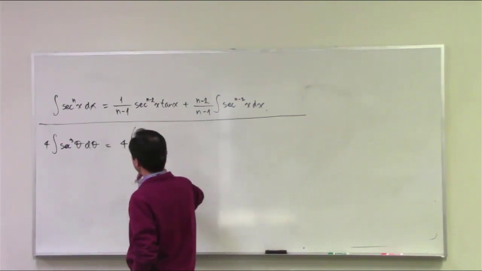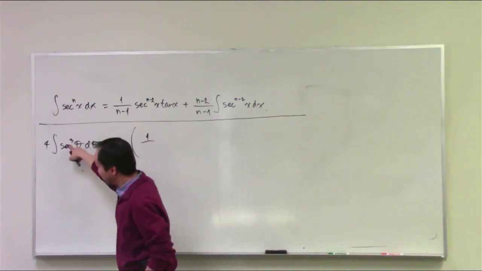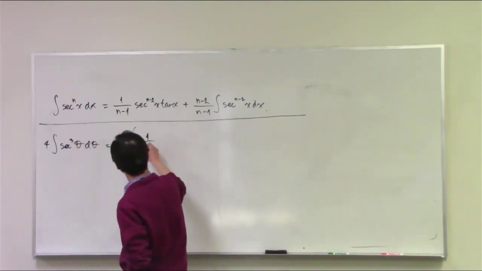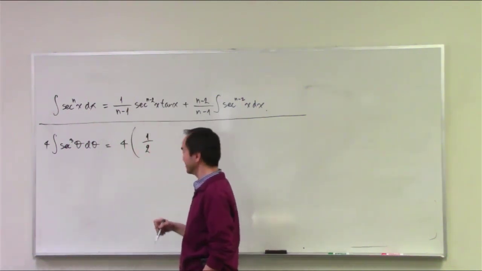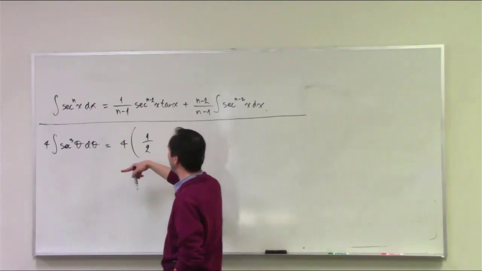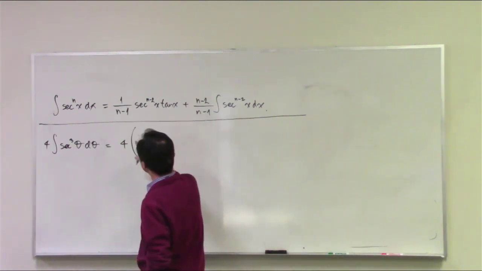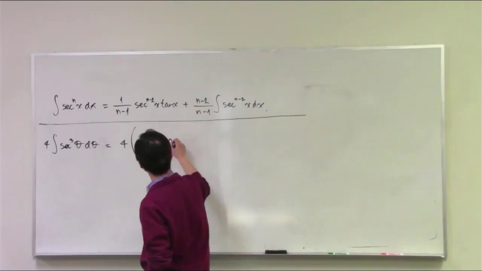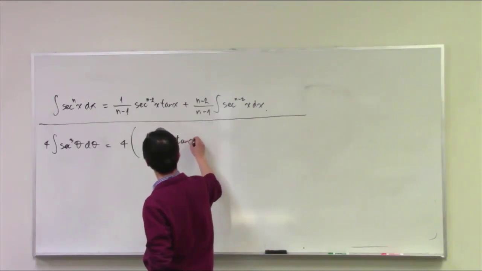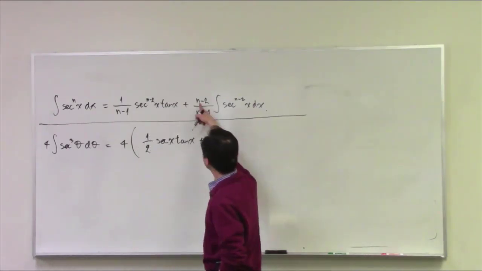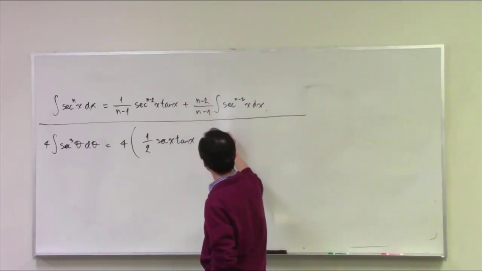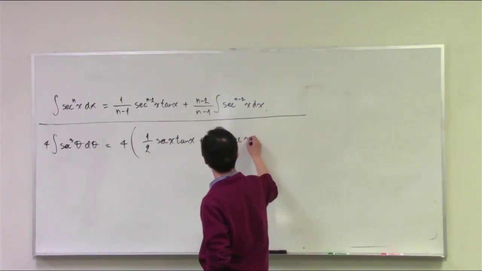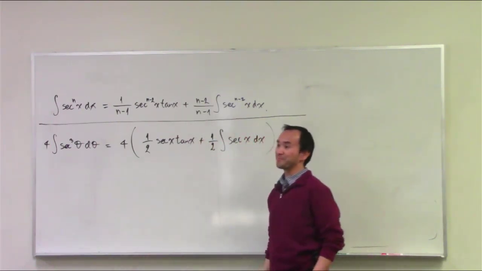Then I have 1 over n minus 1, where the power is a cube, so 3 minus 1, which is 2, so we get a coefficient of 1/2 times secant. 3 minus 2 is just 1, so secant of x times tangent of x, plus another 1/2, since 3 minus 1 is 2, and then an integral of just secant of x, because n minus 2 means 3 minus 2. So we reduce it down to this. See what I'm saying?